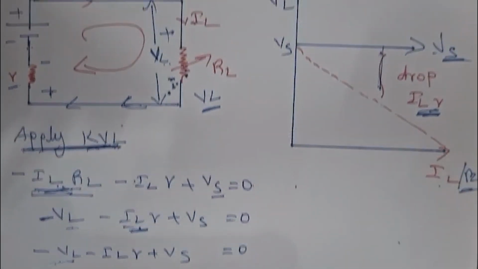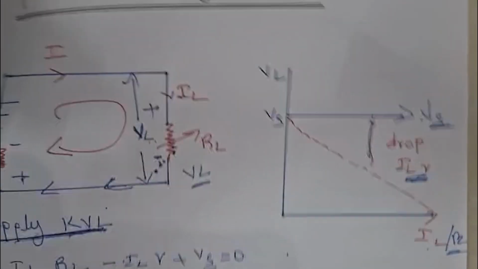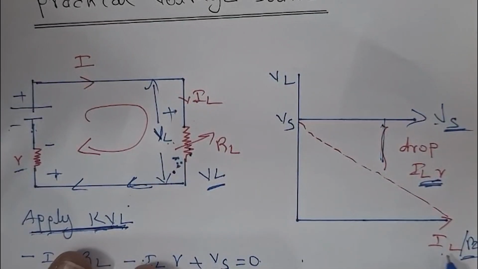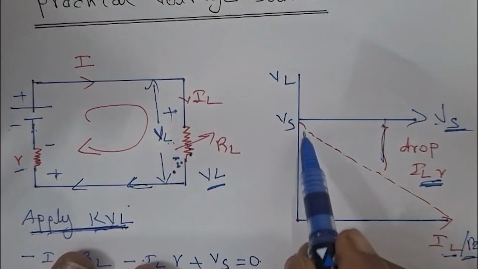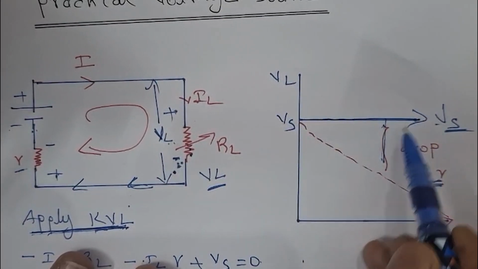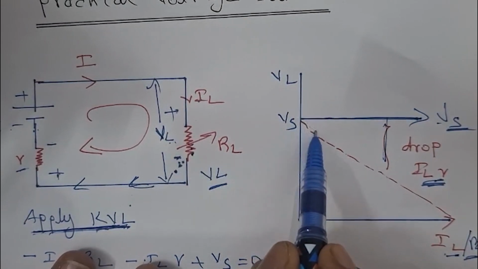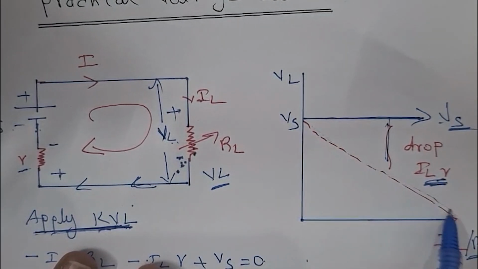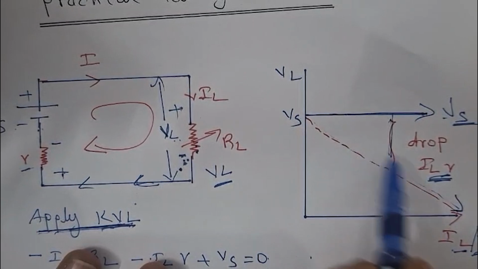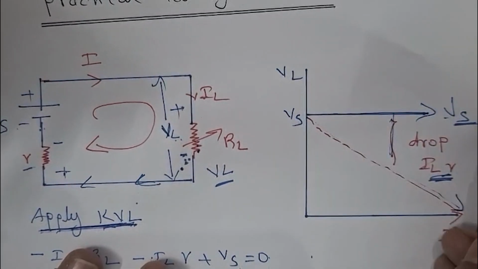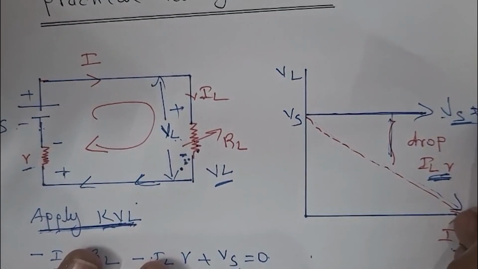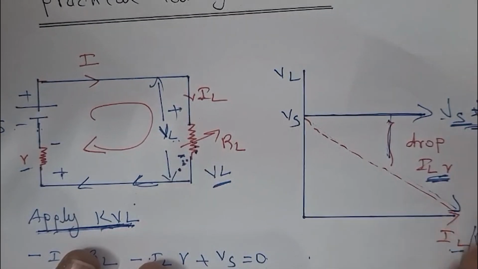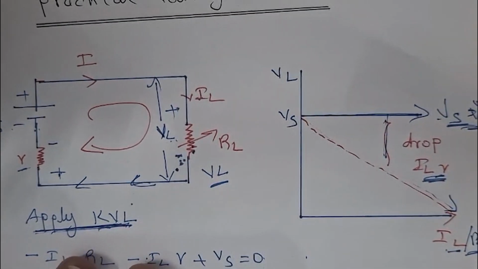When you see the graph, this is ILRL and this is VL. This is VS, and this is the drop across the small internal resistance. Due to this drop, VS is not equal to VL. So this is the practical voltage source.